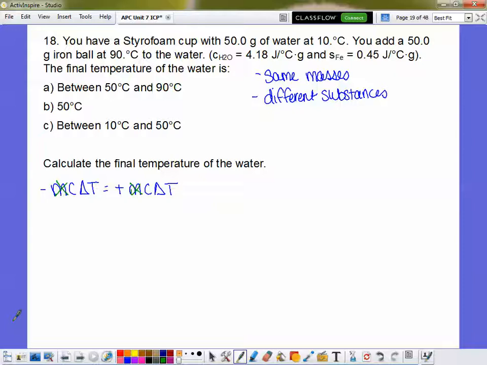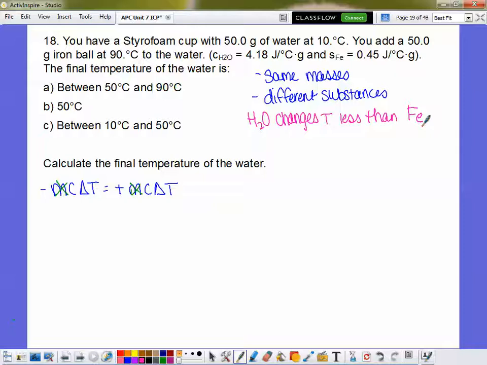All right, so let's predict where the final temperature is going to be. What did we say about specific heat and how it relates to how much the temperature changes? Yes, water is going to change less in temperature than the iron because water has a much higher specific heat than iron does.